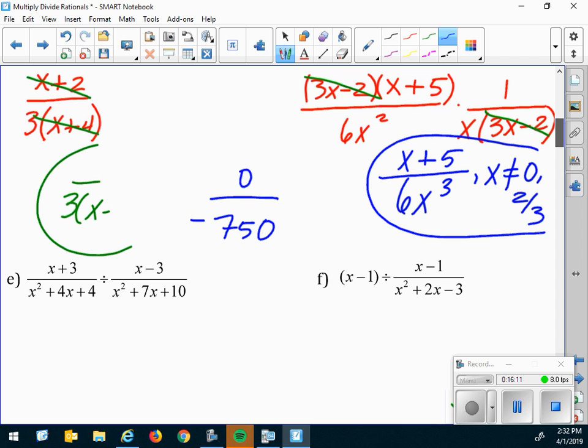What's 0 divided by negative 750? 0. Is that undefined? I can do 0 divided by something that's not 0. The answer is 0. If you do 0 divided by negative 750, it's not going to give you an error.